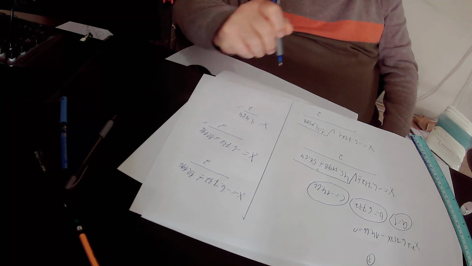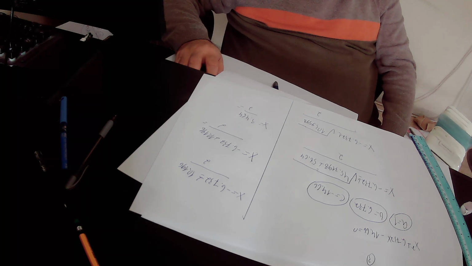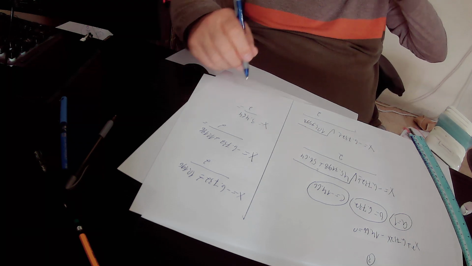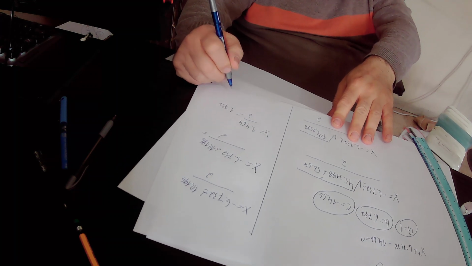So x equals 3.464 divided by 2, and 3.464 over 2 is 1.732 units.